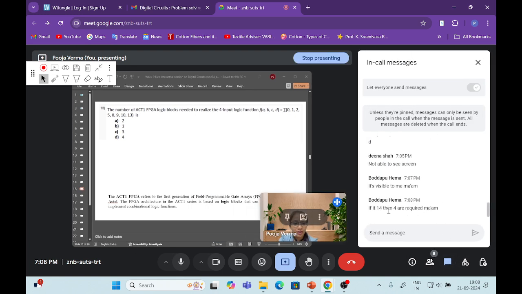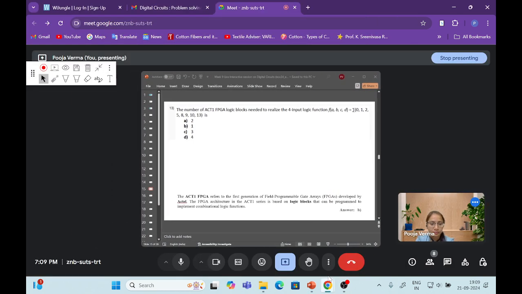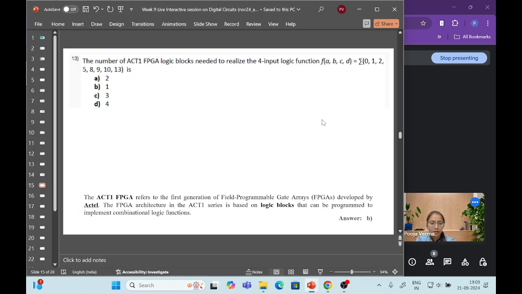If it is 14 inputs or 14 variables, then in that case 4 lookup tables are required. You can calculate it based on that. One lookup table can solve the problem of 4 input variables.